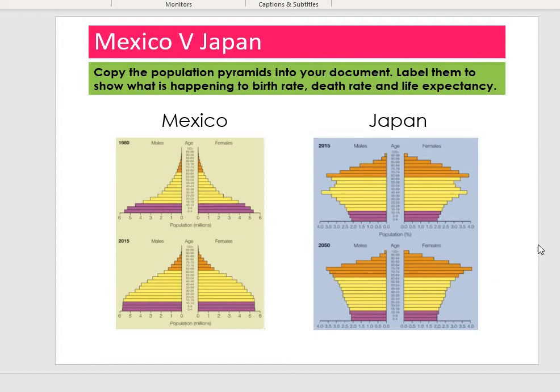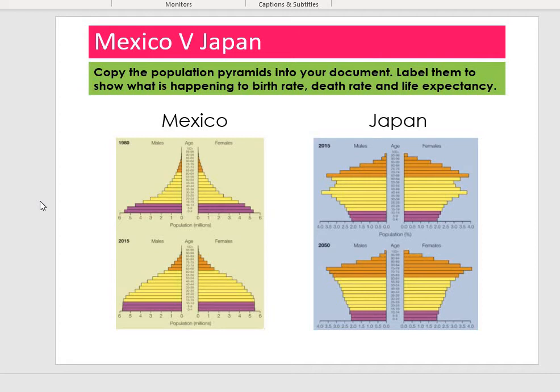So what you need to do for this slide is take a copy of these population pyramids, or even just sketch them if you're doing your work on paper, and that's easier. And just label them up to show what is happening with birth rate, death rate and life expectancy on each one. So is the birth rate high or low? Is the death rate high or low? What's the life expectancy like? Are people living a long time?